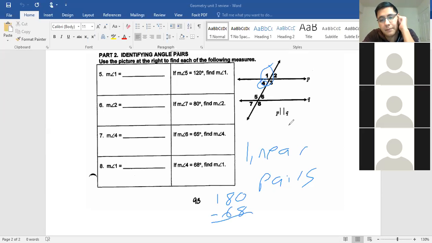By subtracting, right? So the other angle should be 112. Okay. So that's the second part, just making sure that we can find the measures of the angles, whether they're congruent or supplementary. Okay.